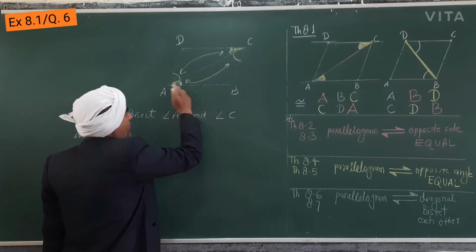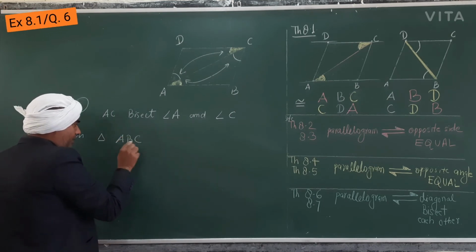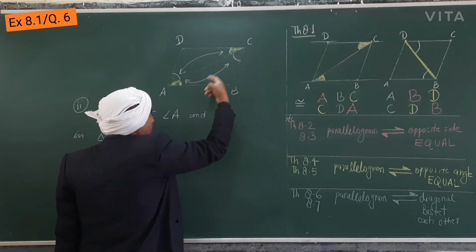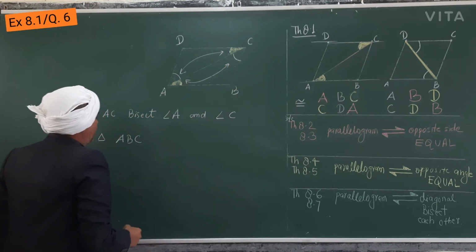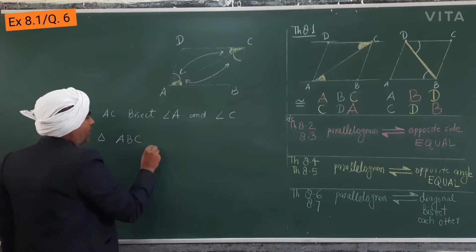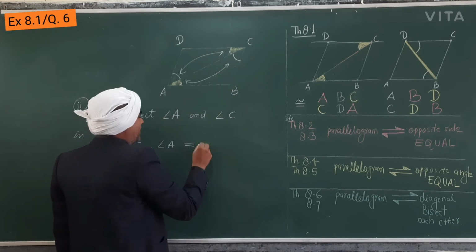So let me try ABC. In triangle ABC, if this angle equal to this, so these sides will be equal. In triangle ABC, angle A equals to angle C.